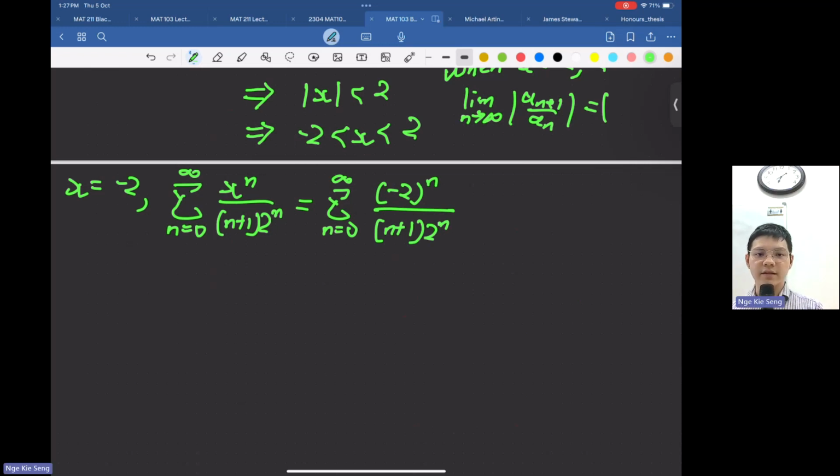So 2 to the power n and 2 to the power n cancel, and you're just left with the alternating sum of n plus 1. Does this converge or diverge?